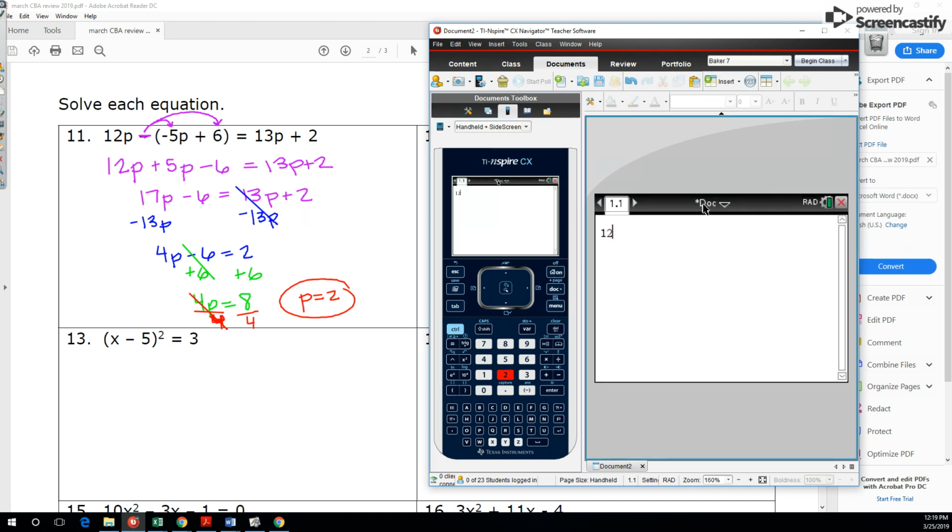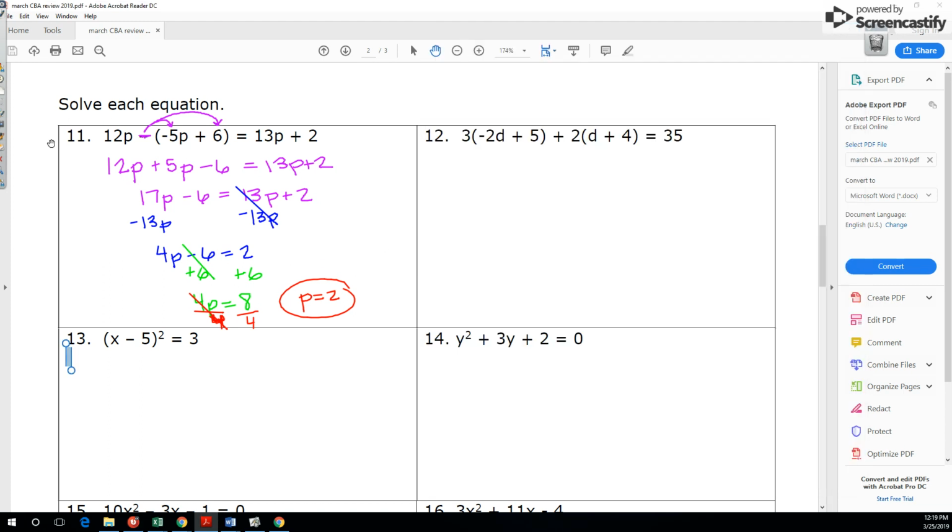So I have 12p minus parentheses negative 5p plus 6. Now we should get the same thing on the other side. So 13p plus 2, equal, same thing. Awesome. I can always check my work.